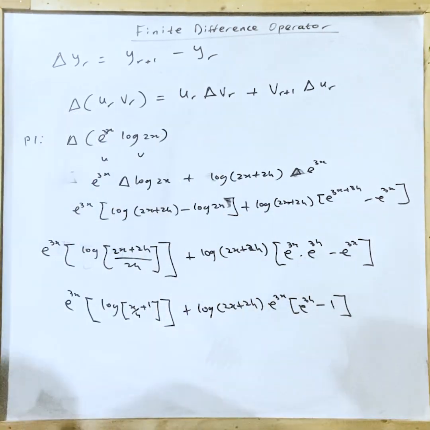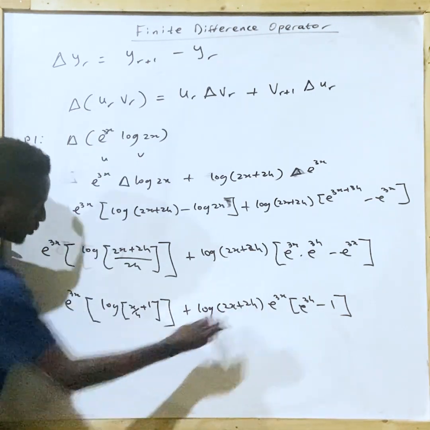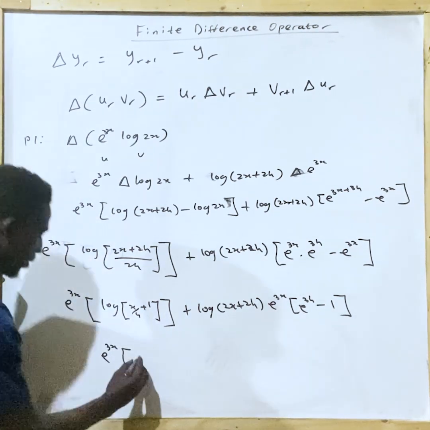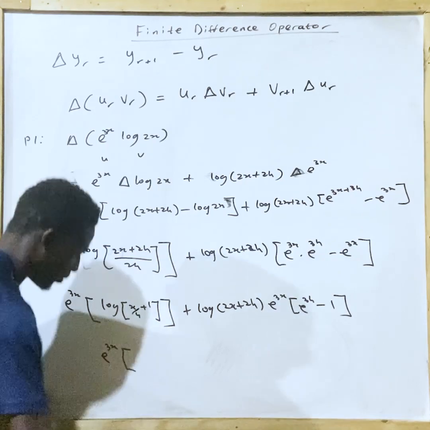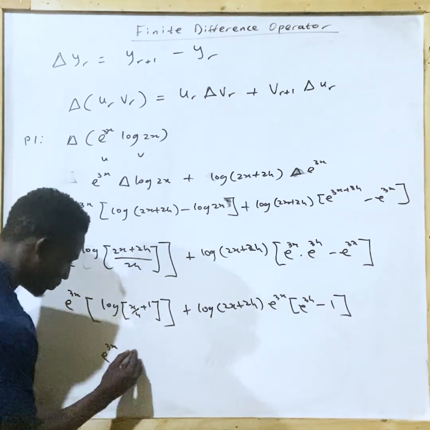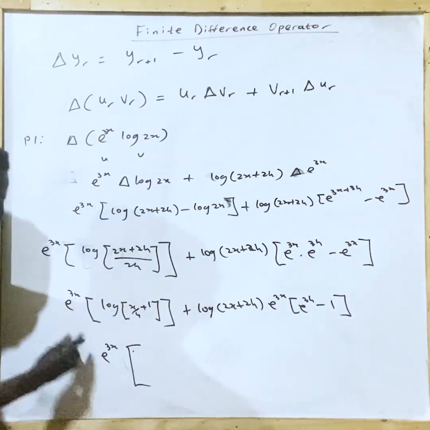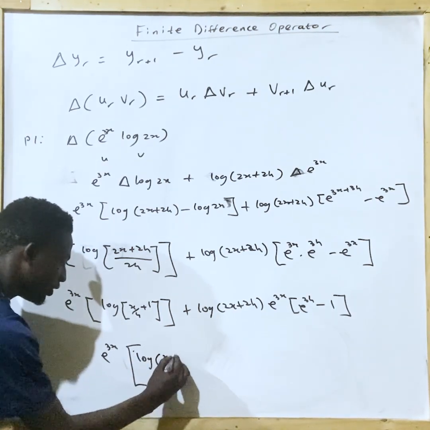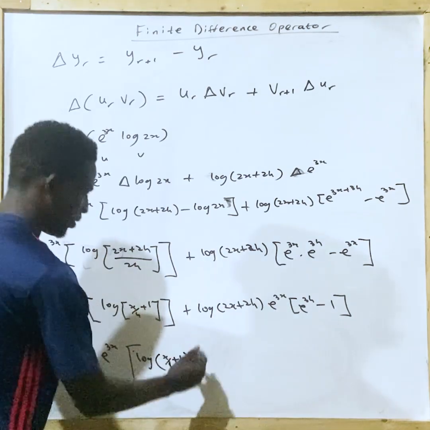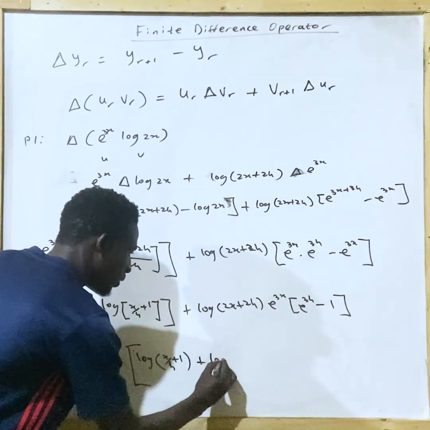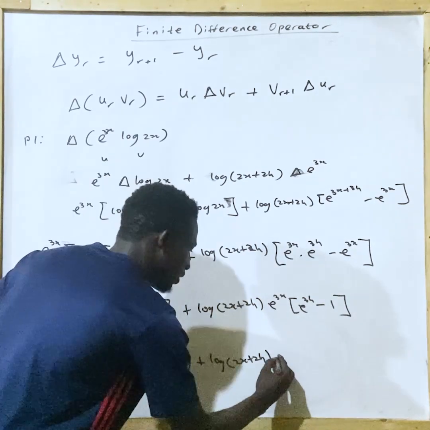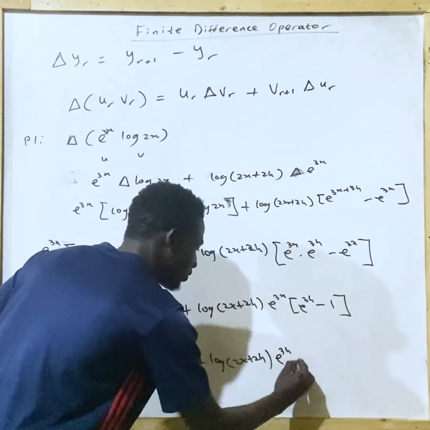Looking further, I think e raised power 3x is common to both of them. You can do e raised power 3x in brackets, and I would use a bigger bracket. You would have log x over h plus 1, plus log 2x plus 2h, then e raised power 3h minus 1.